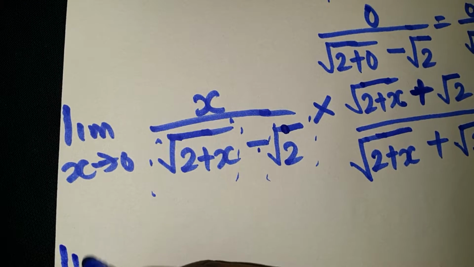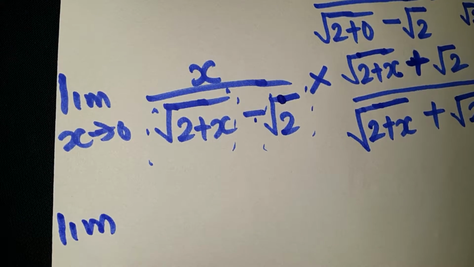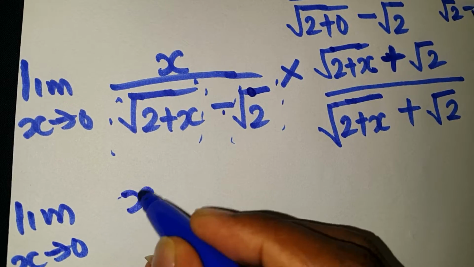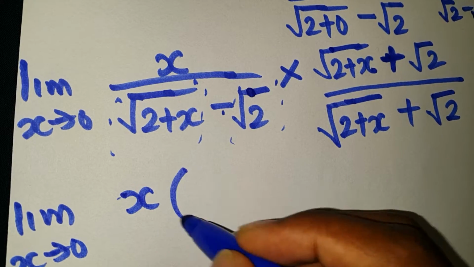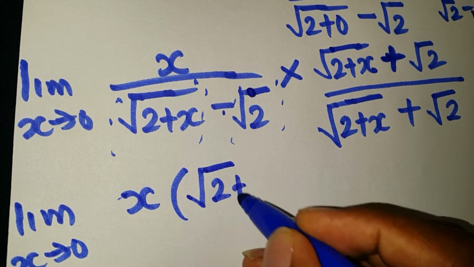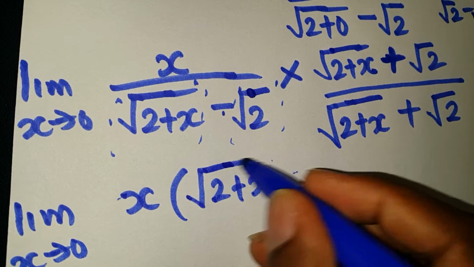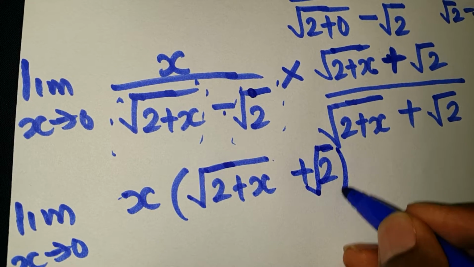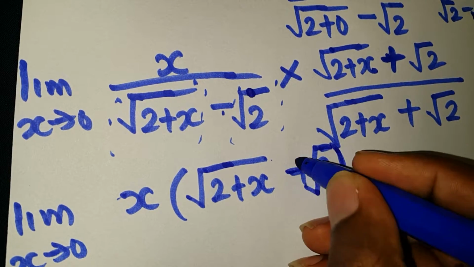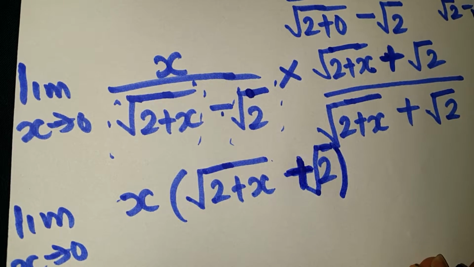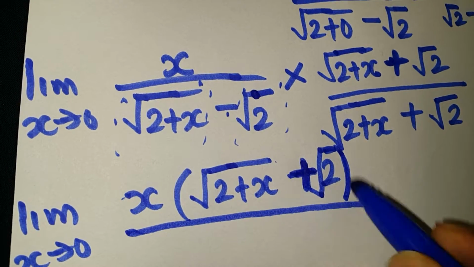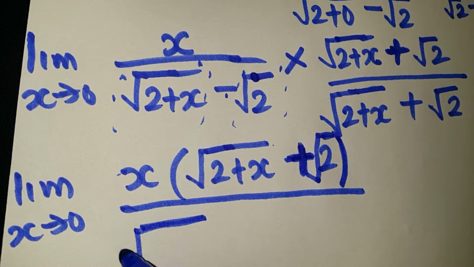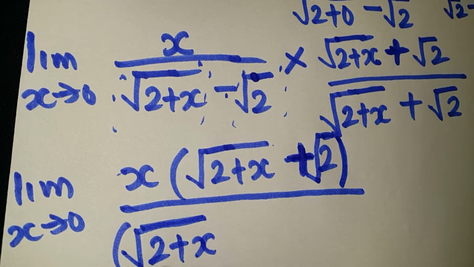So we start multiplying it. We now have limit x tends to 0, x times root 2 plus x plus root 2, divided by, then this one multiplied by this will give us root 2 plus x squared.